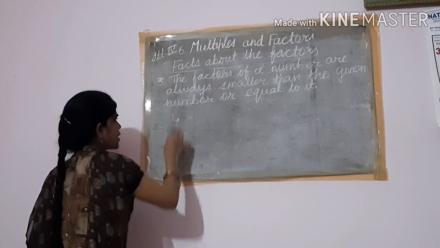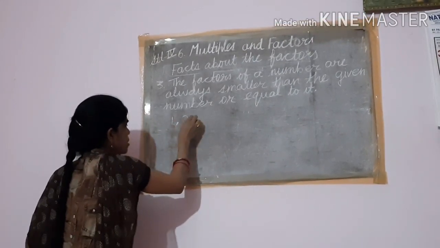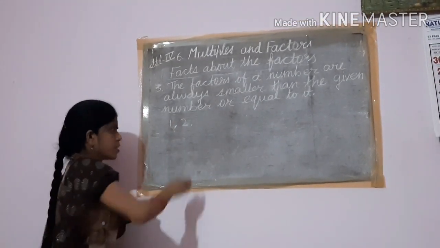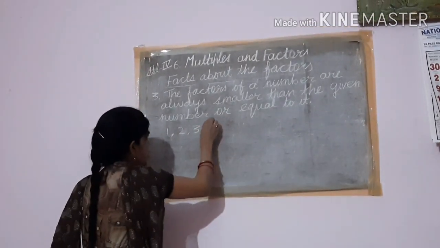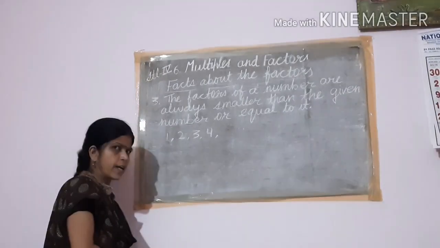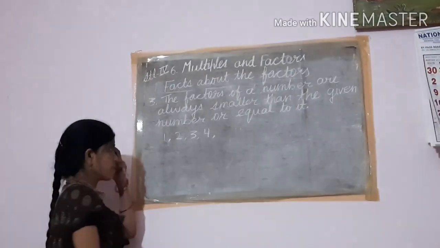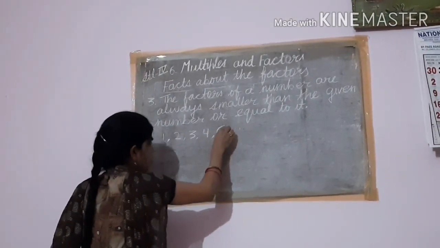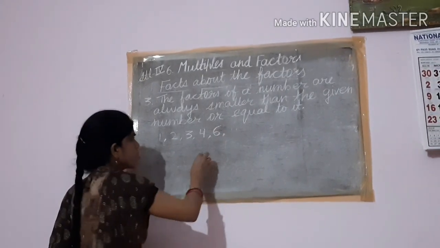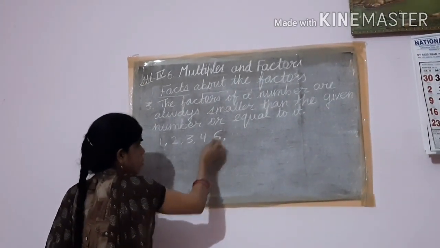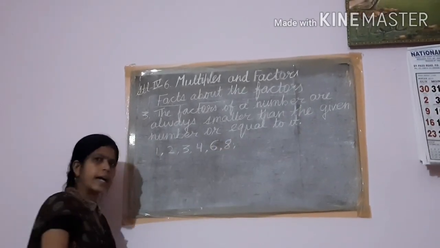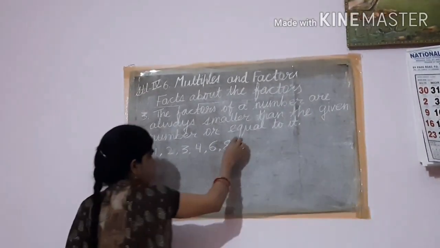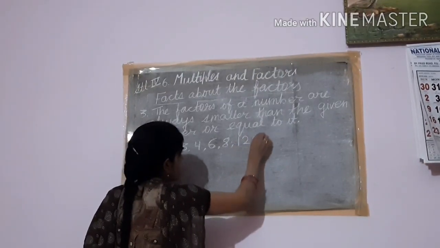So 1 is the factor. 2, 12 twos are 24, so 2 is also the factor of 24. 3 8s are, so 3 is also the factor. 4 6s are 24, so 4 is also a factor. 5 table, 24 is not coming, so not. 6 4s are 24. 7 is also not a factor of 24. 8 3s are, yes. 9, 10, 11, again not. 12 and 24.